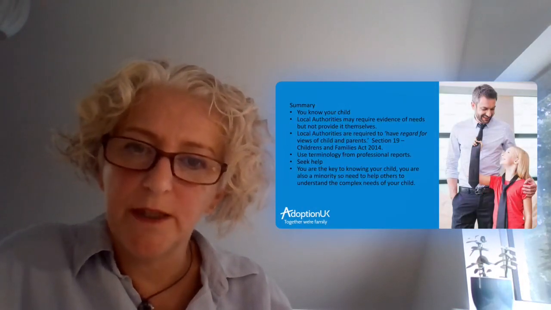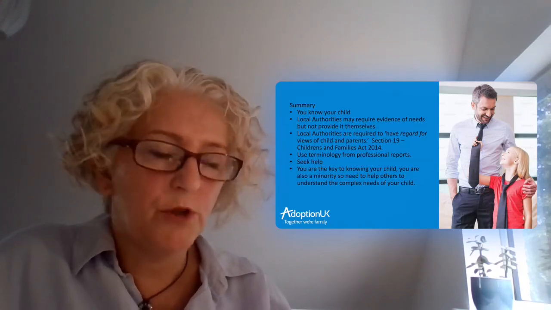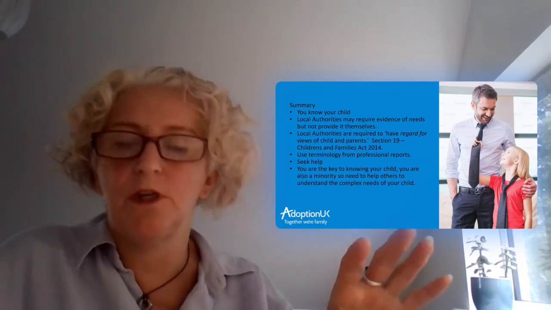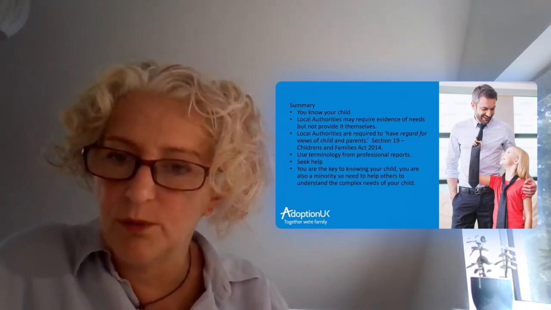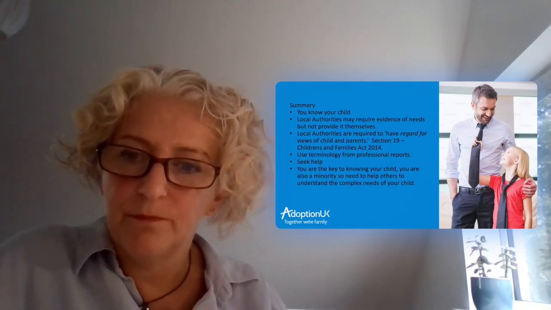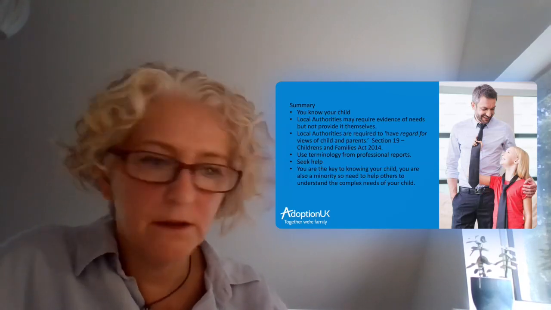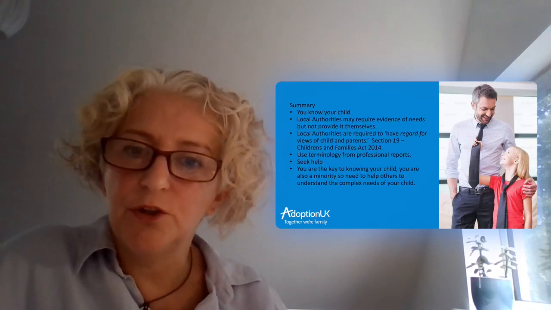Okay, so just to summarise, I've thrown a lot of information at you. I hope you can pause, use some of the terms, and understand the key aspects that are so important for our children. You know your child. You are the main person in their life. You just know them more than anyone else.